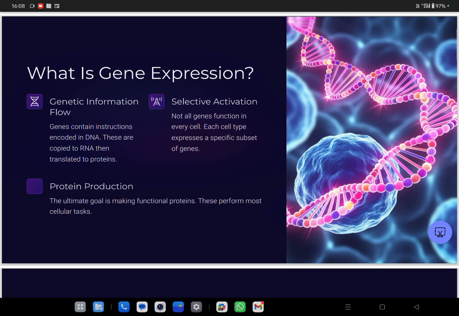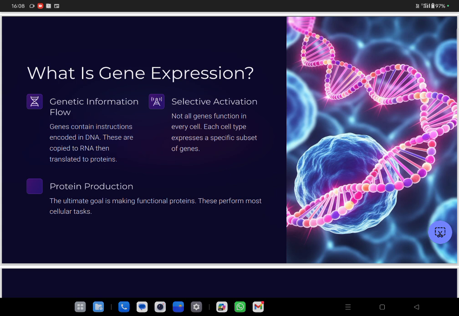Heart specific genes are expressed in the heart, lung specific genes are expressed in the lungs, kidney specific genes are expressed in the kidney, and so on. Not only that, some genes are expressed early in development, and some genes are expressed late. In early development some genes are shut off and some genes are switched on.